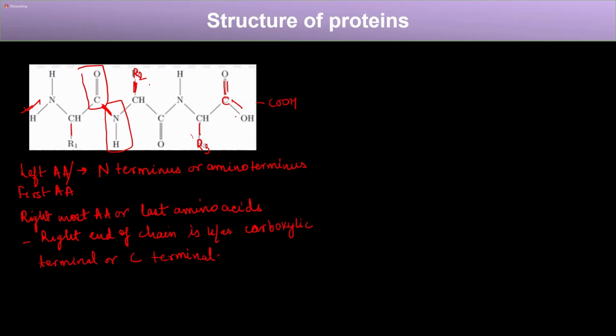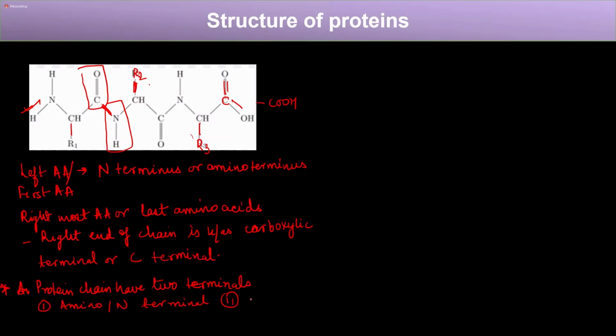In simple terms, you can write that a protein chain has two terminals: the amino or N-terminal, and the carboxylic or C-terminal. And we know why these are known as amino terminal and carboxylic terminal.